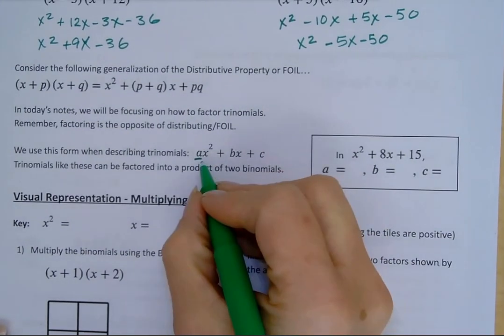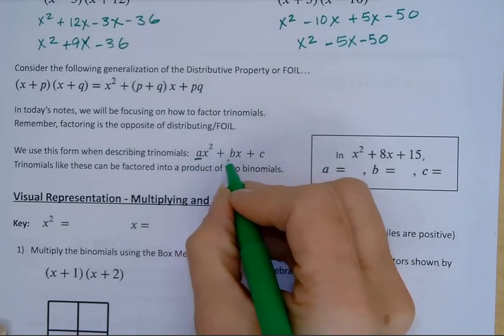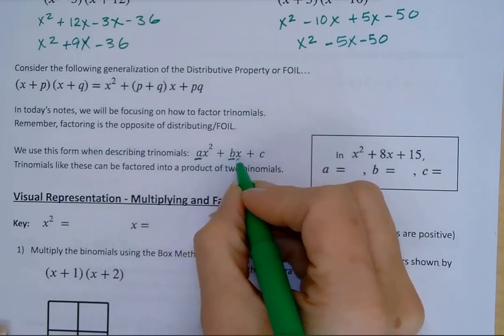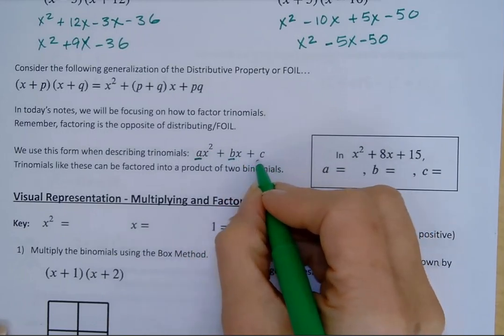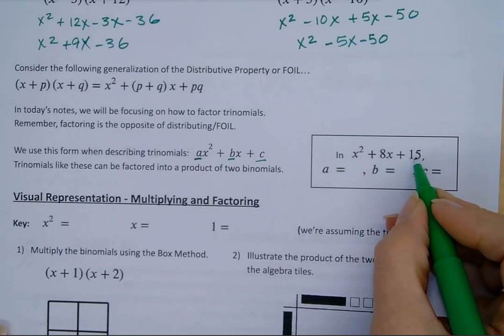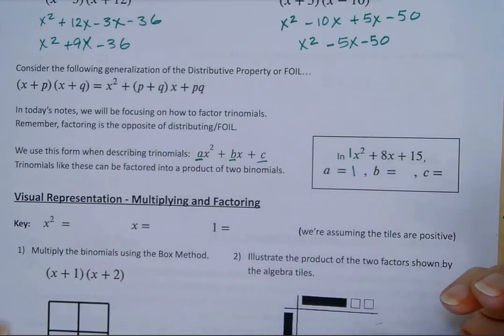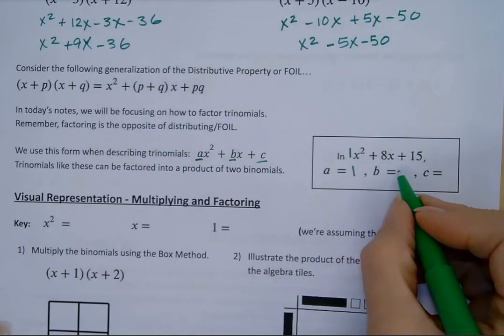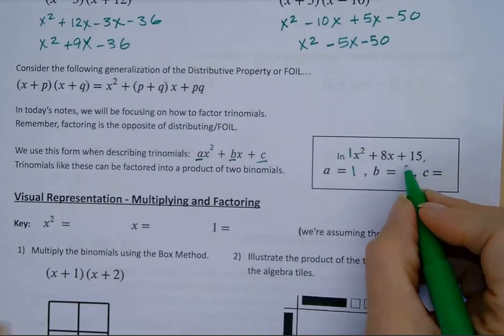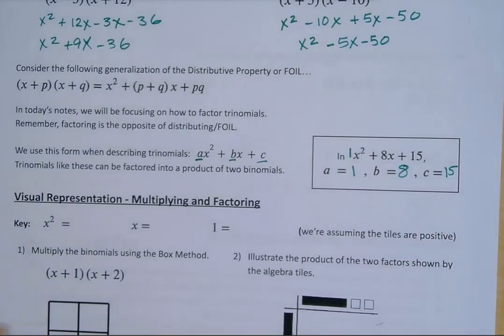Okay, so I'm going to say that a x squared, the coefficient before x squared is a, the coefficient before just x is b, and then my constant is c.